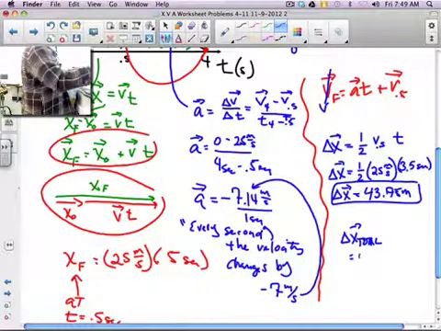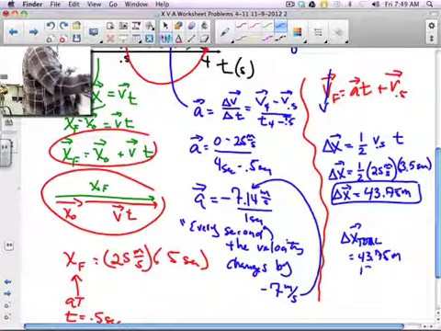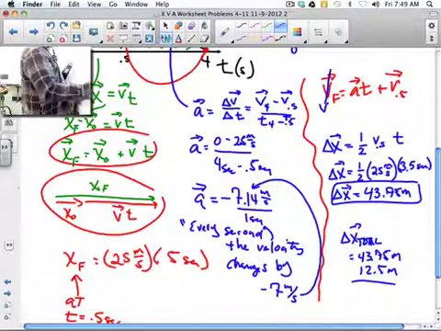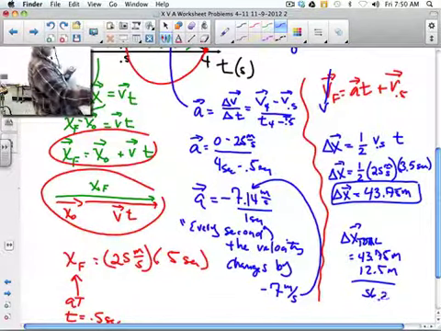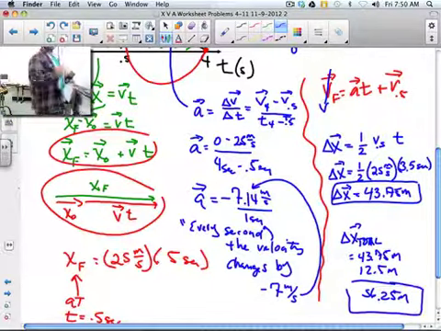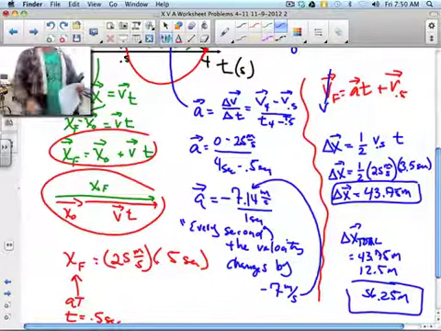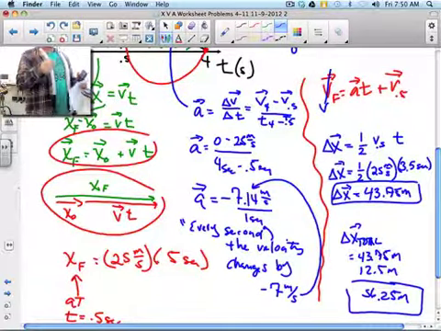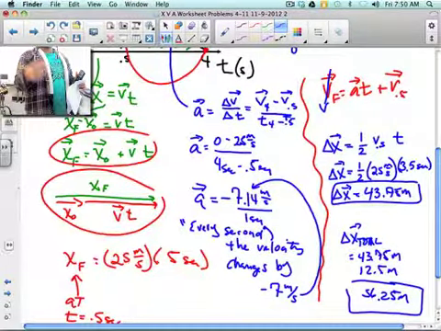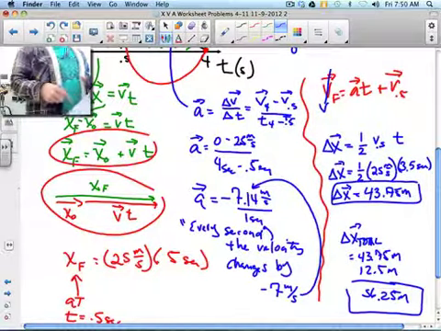So it's 43.75 meters plus 12.5 meters gives us 56.25 meters. So that's our total displacement. That's the total change in position before we started slowing down and then during the period of slowing down. Now, there are other ways of doing this.